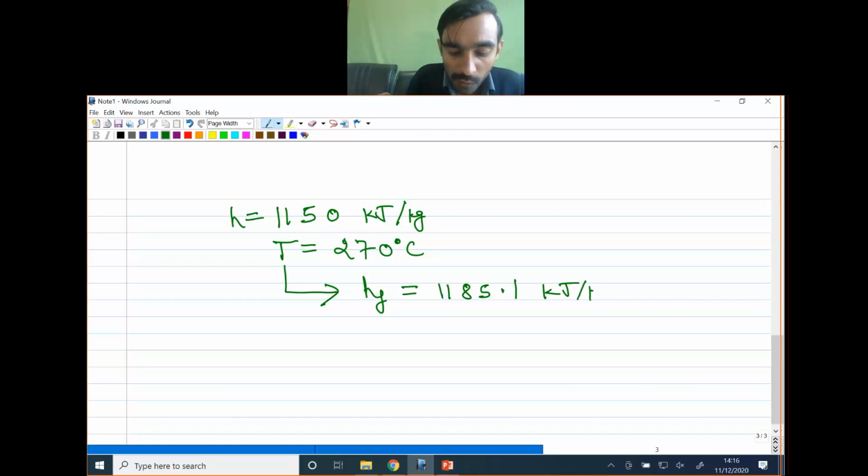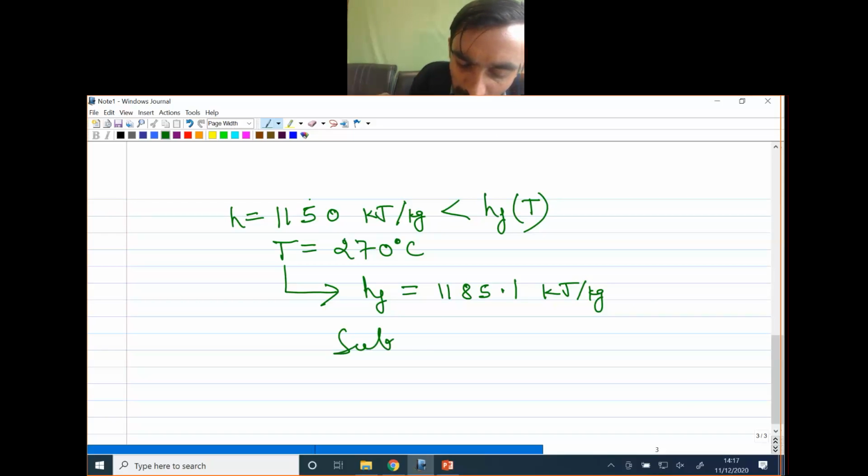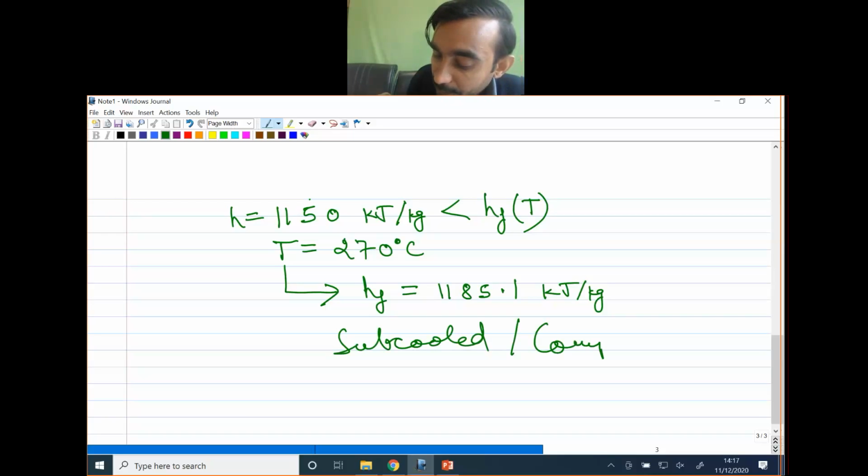So now our given enthalpy is actually less in comparison to HF at the given temperature T. So that's why this state will be our subcooled, or I should call it compressed state. So this state will be either our subcooled state or compressed state.